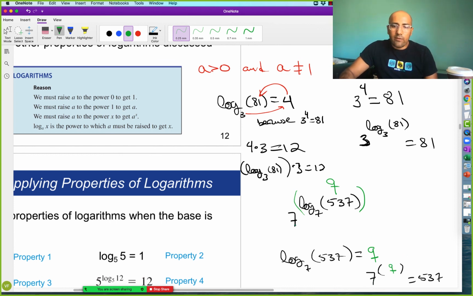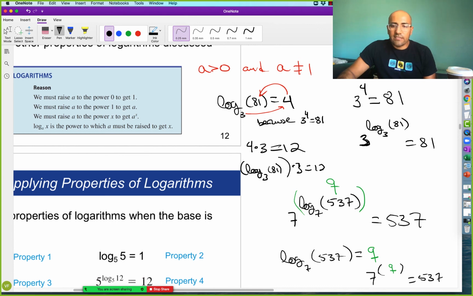So now what do you get when you take 7 to that power? Well, it's kind of like, no duh, it's exactly the 537. It's a riddle, right? It's like a really obvious riddle that is so obvious that it gets a little confusing. This is, by definition, a real number such that 7 to the power of that decimal equals 537.